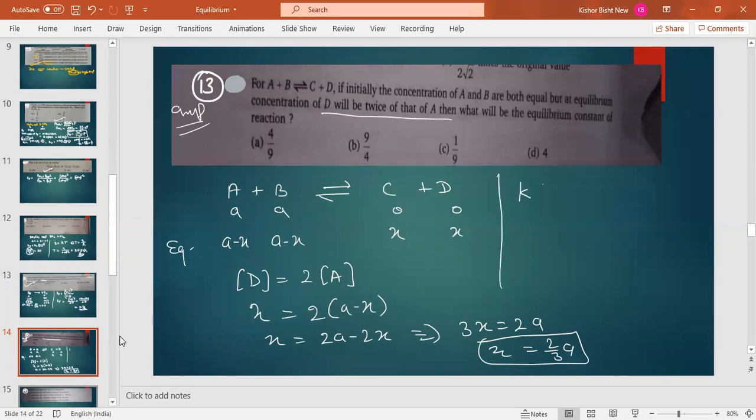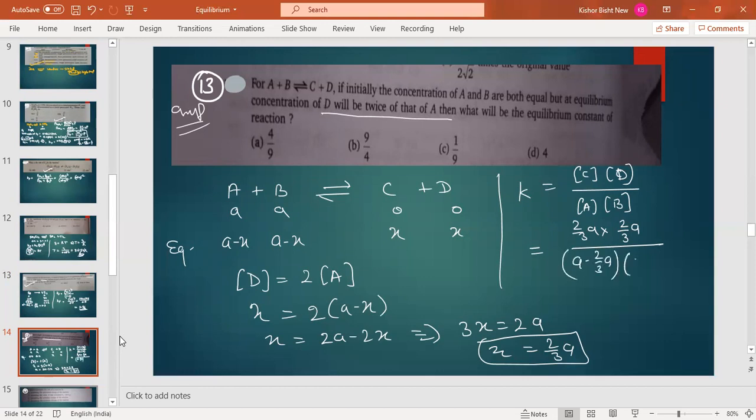K is equal to concentration of C into concentration of D upon concentration of A into concentration of B. So now you will get C is equal to X is equal to 2 upon 3 A, into 2 upon 3 A, D also the same, upon A minus X, A minus 2 by 3 of A into A minus 2 by 3 of A. So it's equal to 4A square upon 9 over A square upon 9.